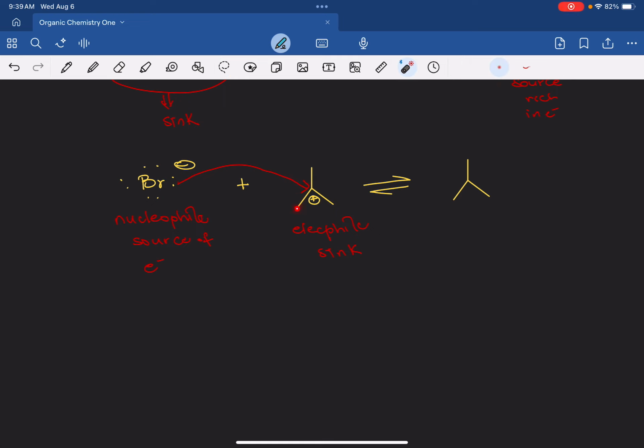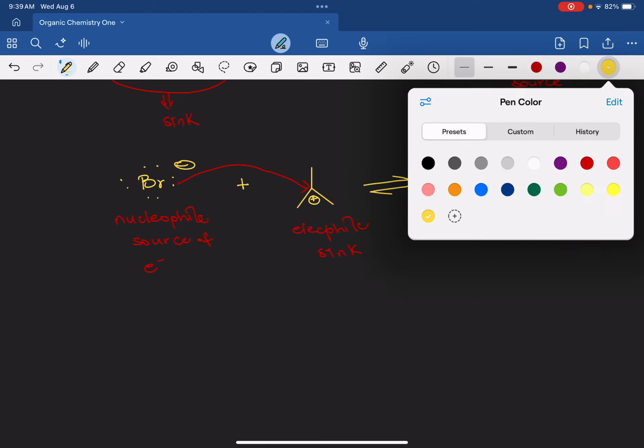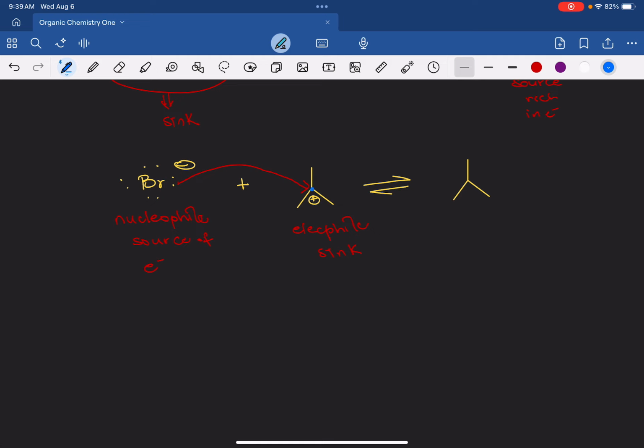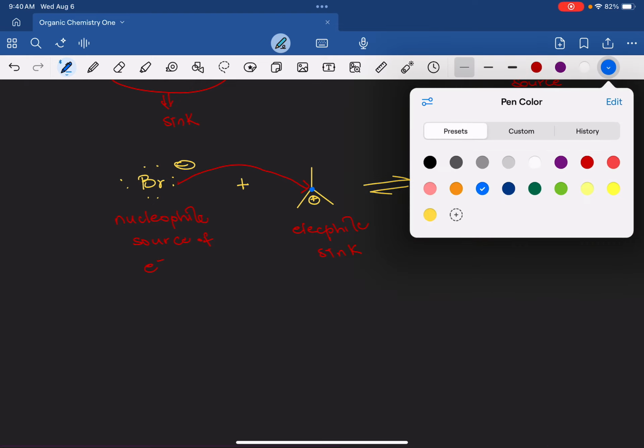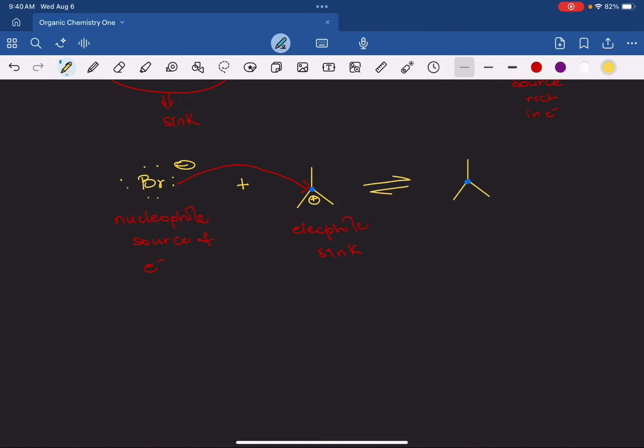I did not lose this or this or this, so you draw that back. What I now know is that my lone pairs here on bromine made a bond with this carbon. I'm going to highlight this carbon with a blue dot. This carbon right here, my bromine will make a bond with it. Lone pairs here will make a bond with the blue carbon. Let's draw a lone pair making a bond on the blue carbon.